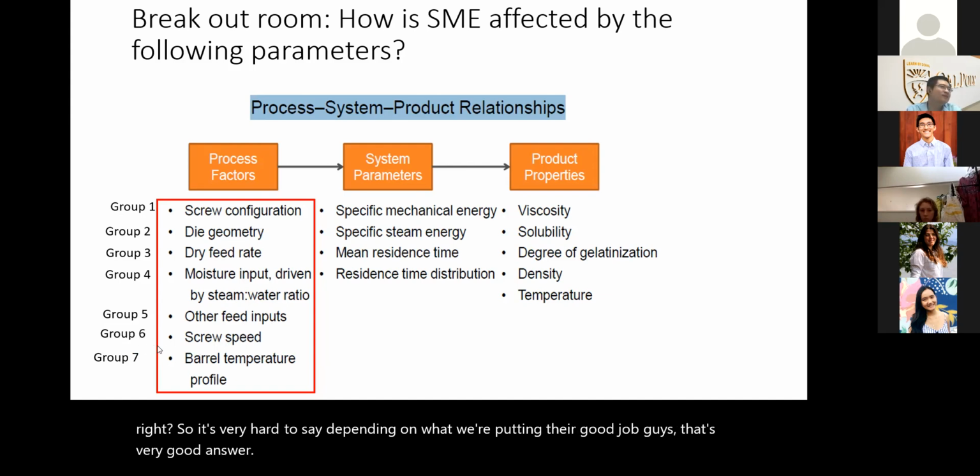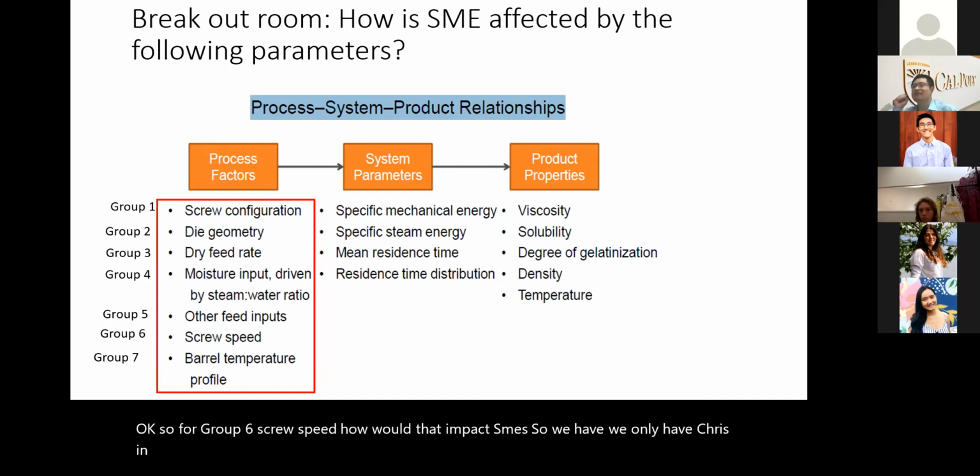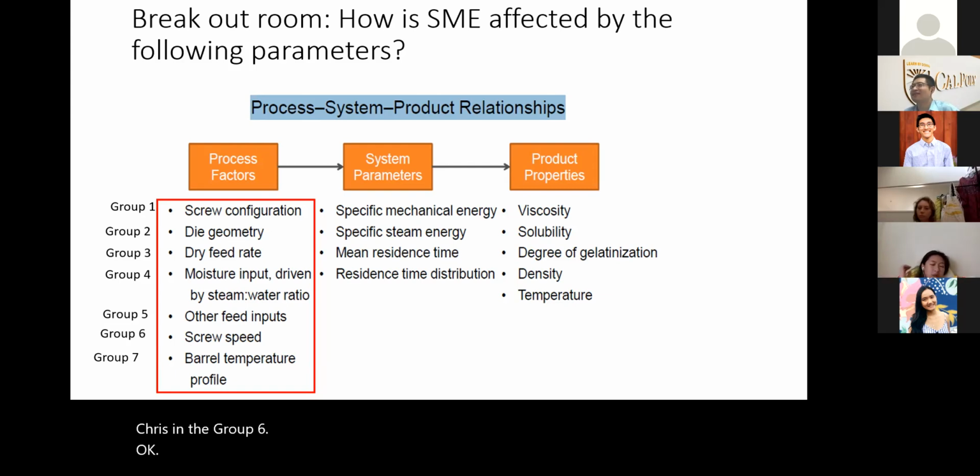Okay, so for group 6, screw speed, how would that impact the SME? So we have, oh, we only have Chris in group 6. It's actually me and Lauren, but no worries. Okay. I can just say what we were discussing. We said if the screw speed was higher, so if the whole thing was faster, then that would mean more mechanical energy.